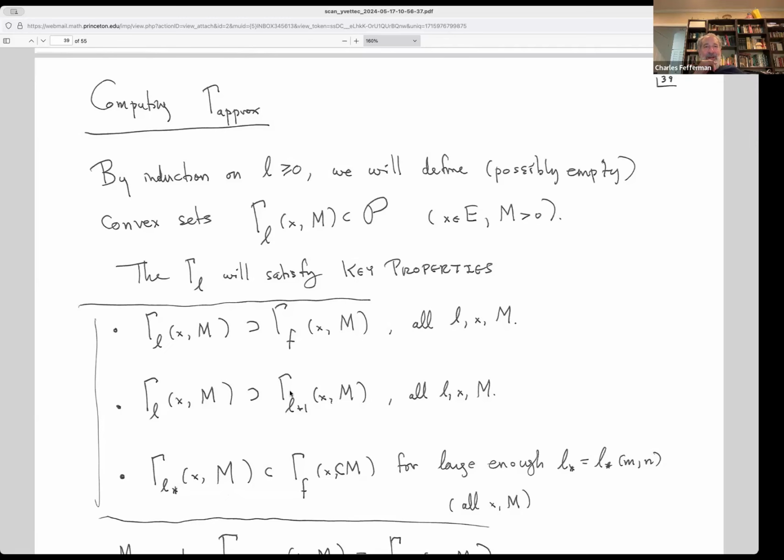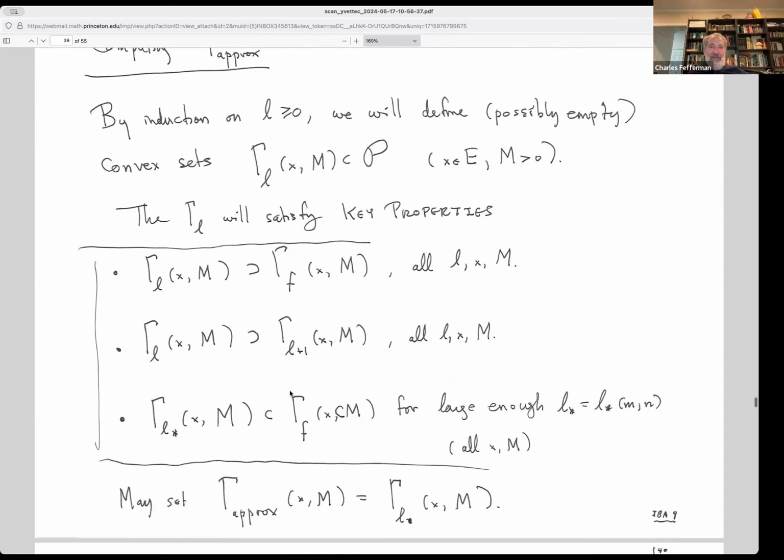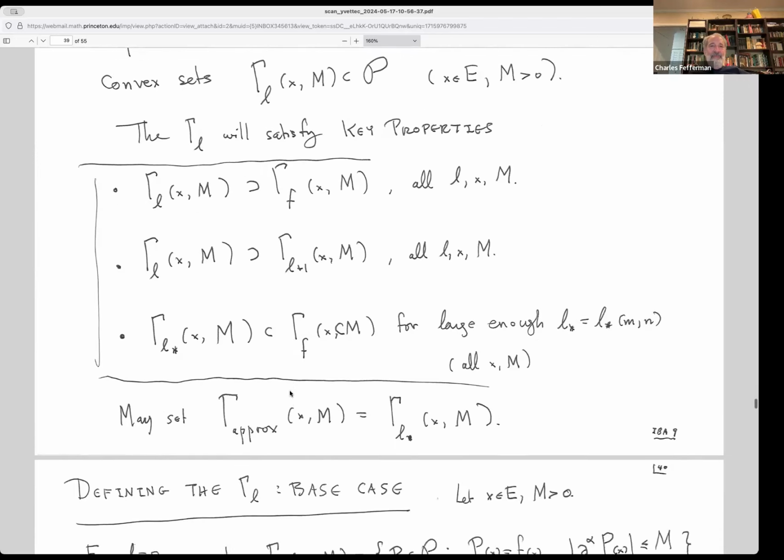And so that means that by the end of the game, when we take L equal to L star, we will have found a gamma approx that does the trick. So I would like to explain in the next few slides how to construct gamma L that do the first two things that I described, and then at the end there will be a theorem that gamma L star will do the third thing. That's the plan.